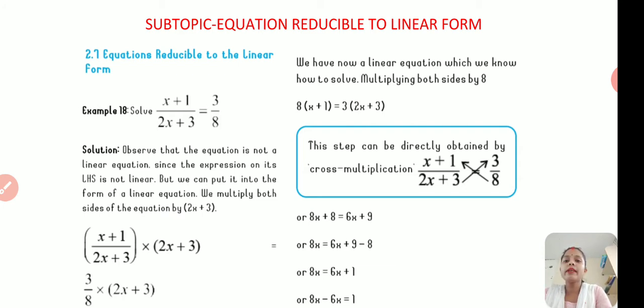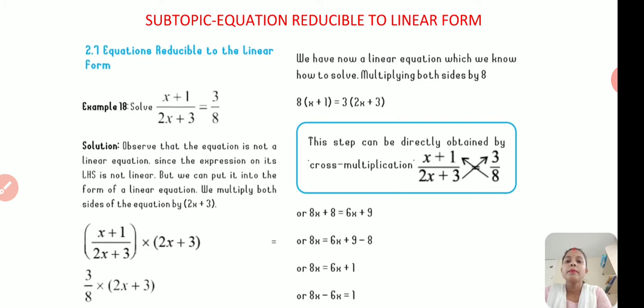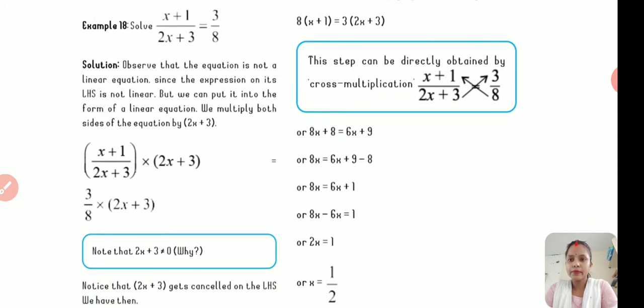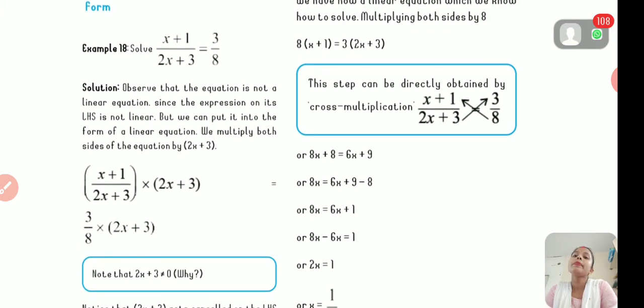The same thing we will get if we do the cross multiplication: we multiply x + 1 by 8 and 2x + 3 by 3. Now when you open the bracket, you multiply 8 by x and 8 by 1, and the same way on the right hand side, multiply 2x + 3 by 3: 3 by 2x as well as 3 by 3.